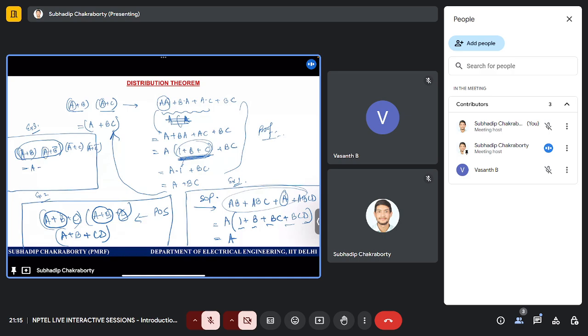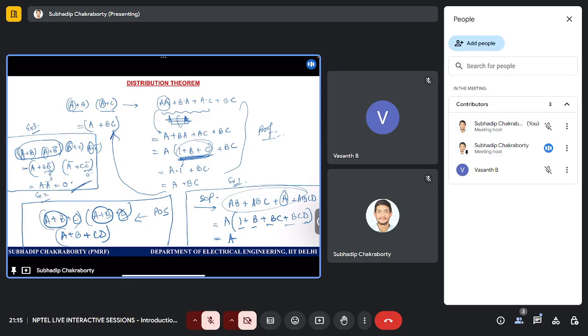So you can write A plus B bar directly, and you have A bar common. So you can write A bar plus C bar. B bar and C bar are 0, I told you. So you have A bar, and A bar is again 0. So you have 0. This way you can use the distribution theorem to simplify things.